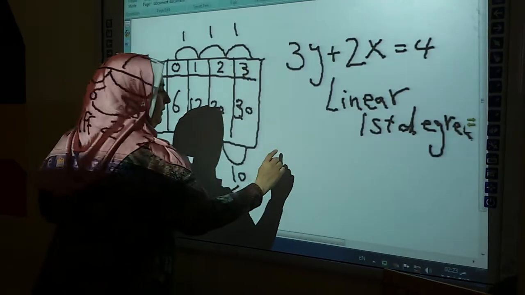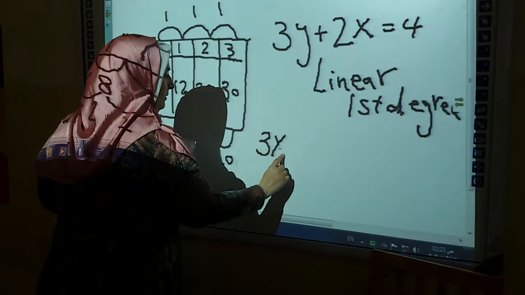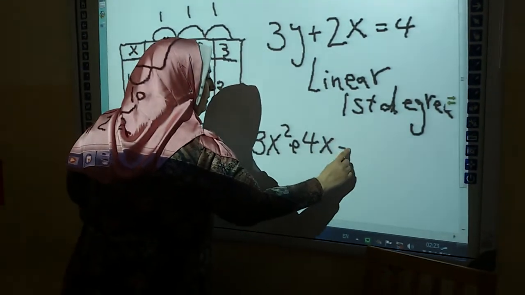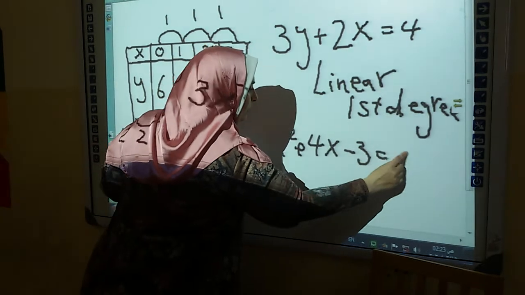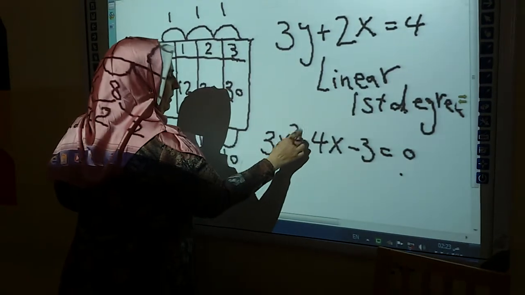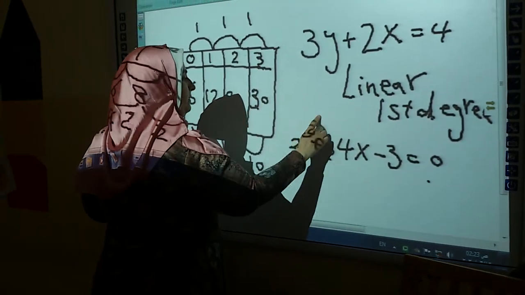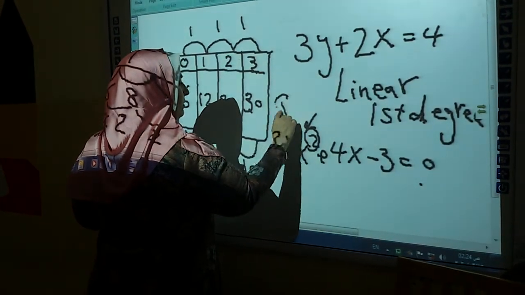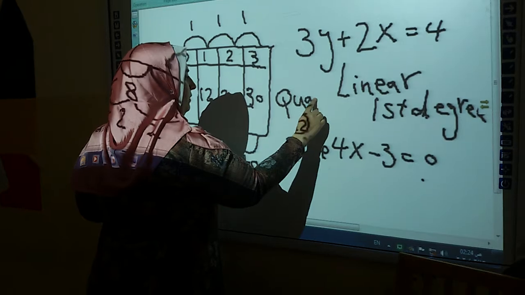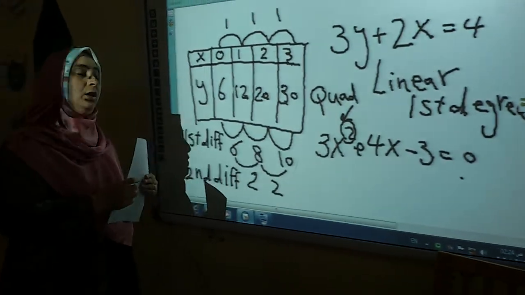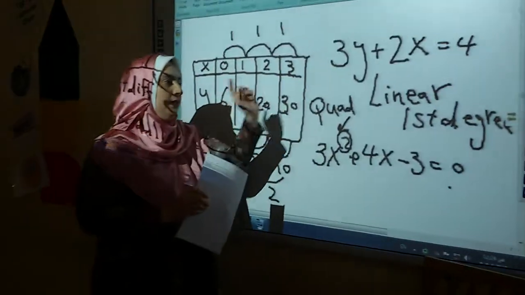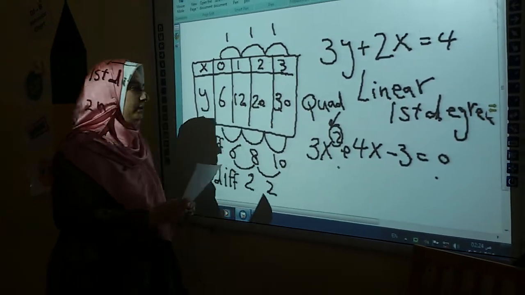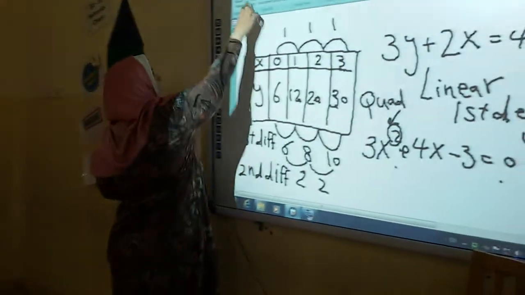What if I told you 3x squared plus 4x minus 3 equals 0? I have here the power of x is 2. That means it's a quadratic function. So look and see if it's second degree or quadratic by the power of x.